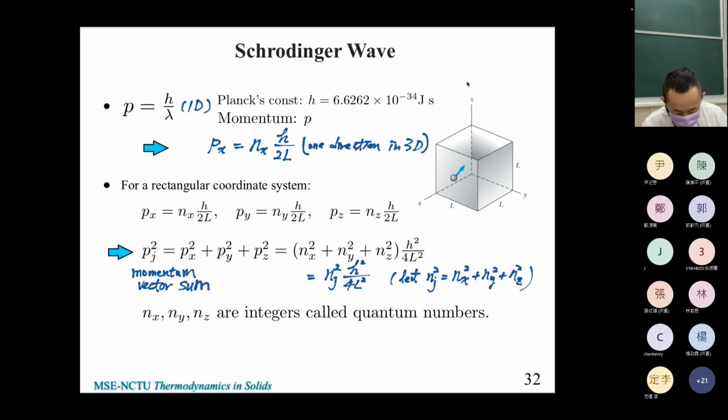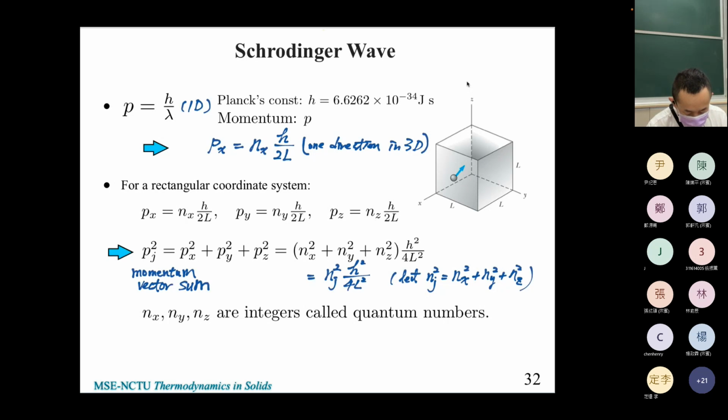Then we substitute the equation, and we get one direction px. The p is momentum. The momentum px is equal to nx times h over 2l, only one dimensional, but we have y and z, three directions in total. Because they are all components, we need to do it in vector form.